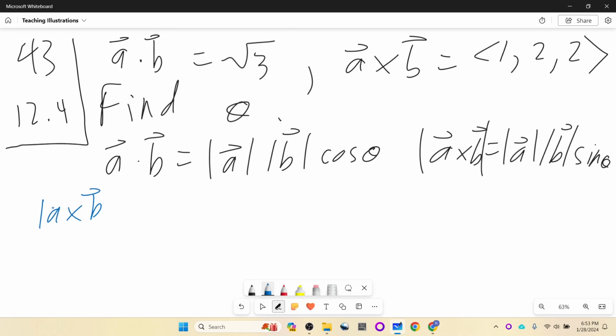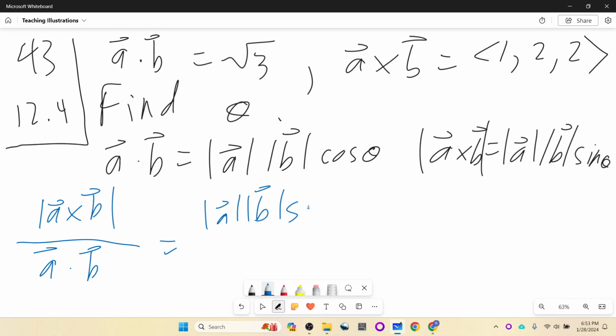A cross B over A dot B, let's just divide them, would be A, B, sine theta, divided by A, B, cosine theta. We know neither A nor B is zero vector because their dot and cross products are non-zero.